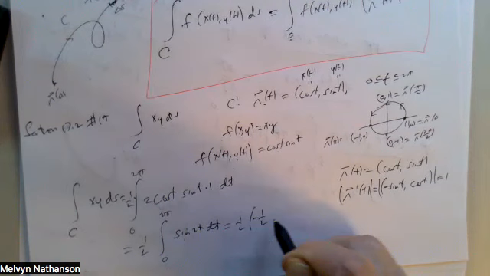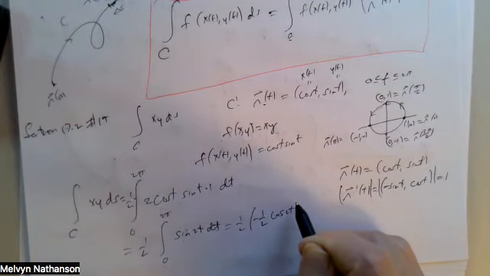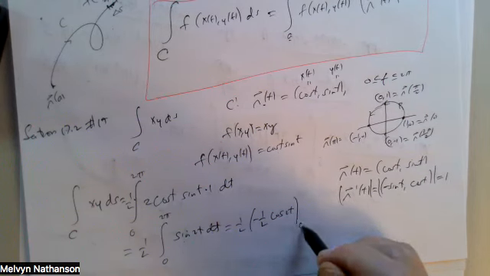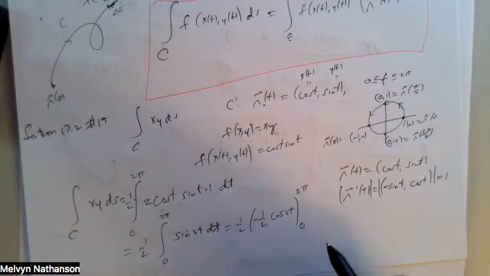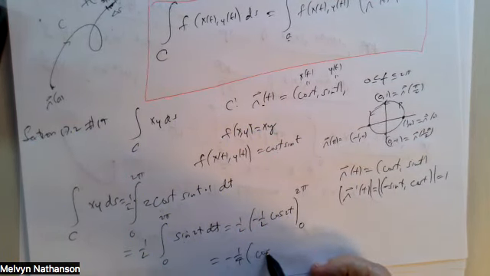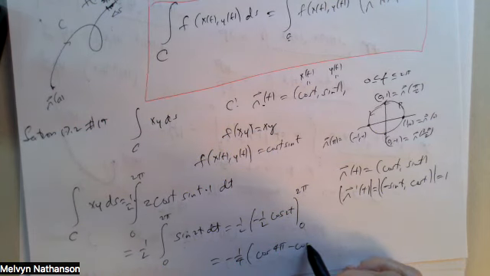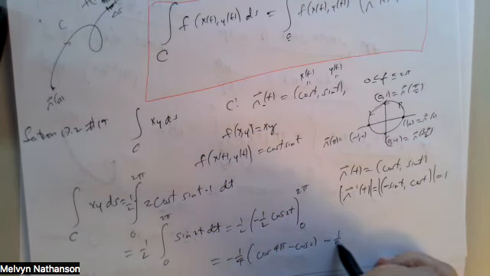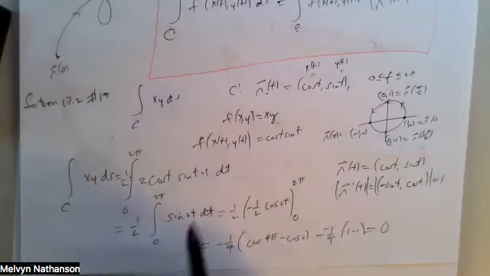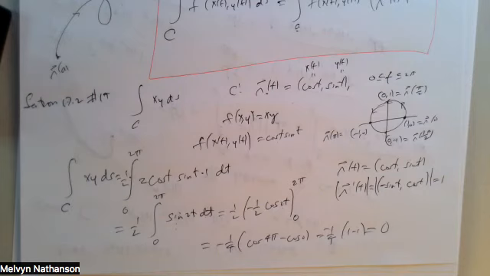It's minus 1/2 cosine of 2t. You differentiate this, you get sine 2t. And we're evaluating this from 0 to 2 pi. So this is minus 1/4 times cosine of 4 pi, 2 times 2 pi, minus cosine of 0, which is minus 1/4 times 1 minus 1, which is 0. So the value of this line integral is 0.